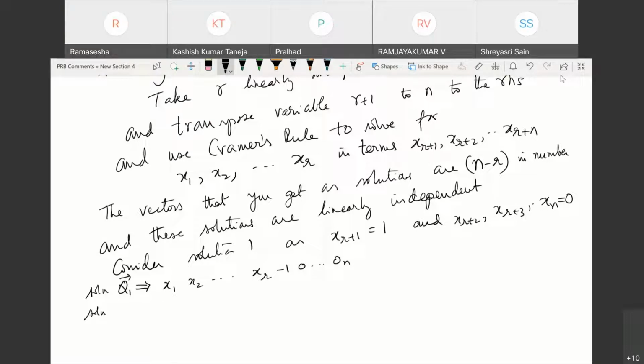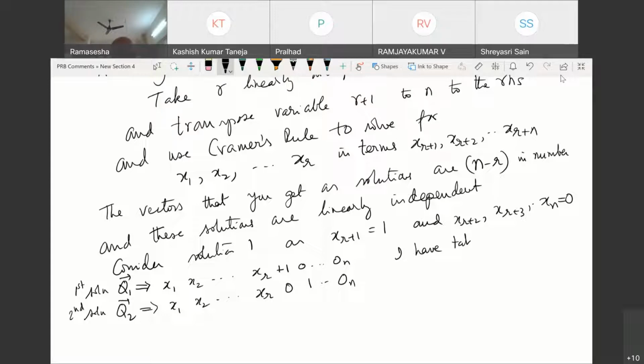I take xr plus 2 to be 1. So I have taken the second solution as xr plus 2 equal to 1 and all others 0.